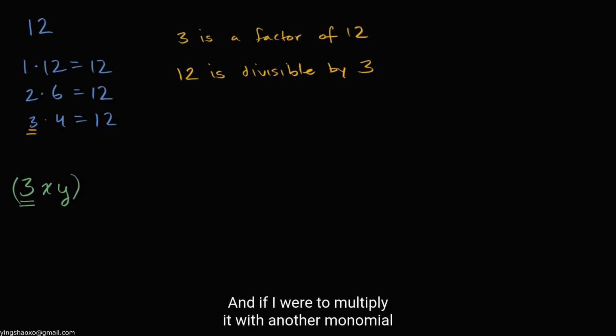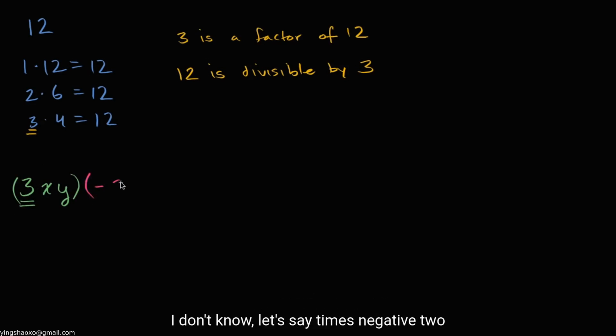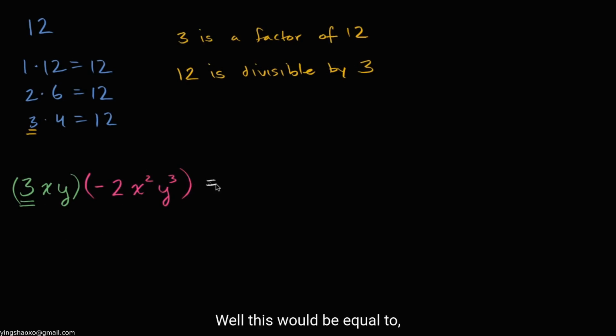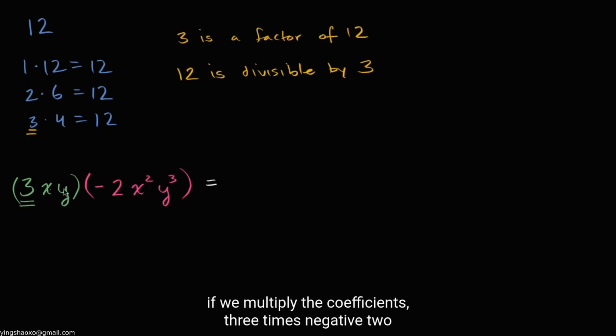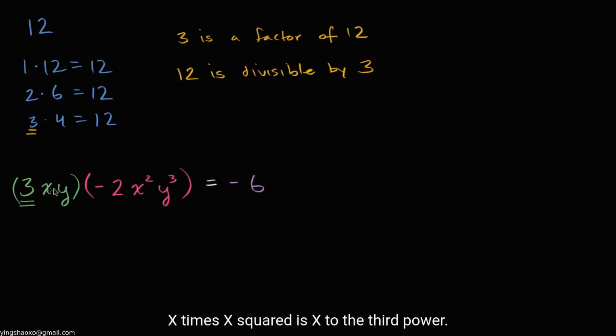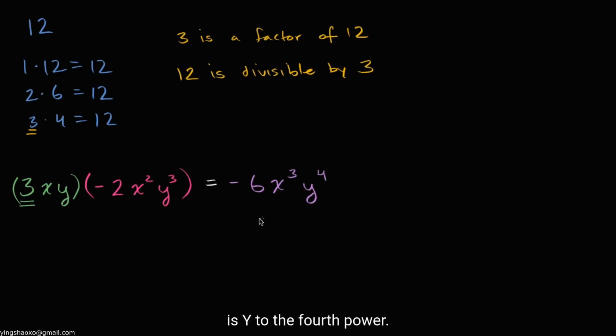And if I were to multiply it with another monomial with an integer coefficient, let's say times negative 2x squared y to the third power, what is this going to be equal to? Well, if we multiply the coefficients, 3 times negative 2 is going to be negative 6. X times x squared is x to the third power. And then y times y to the third is y to the fourth power.